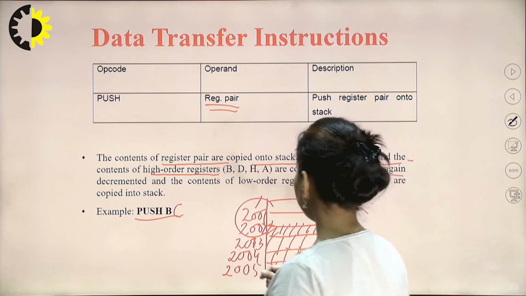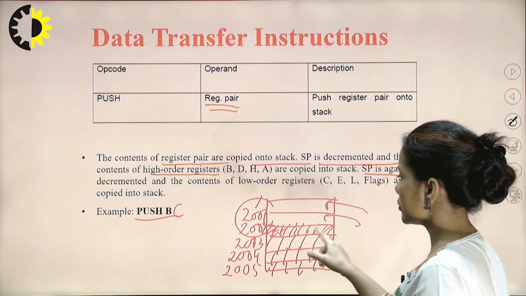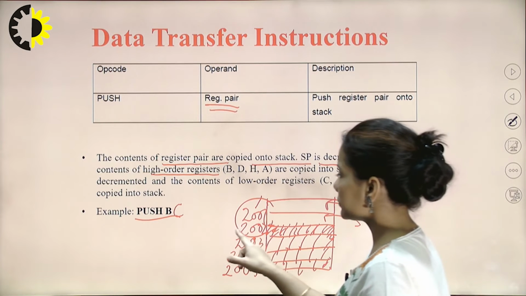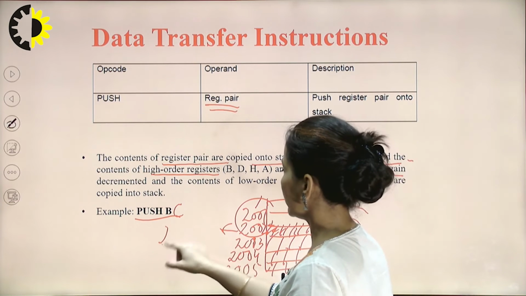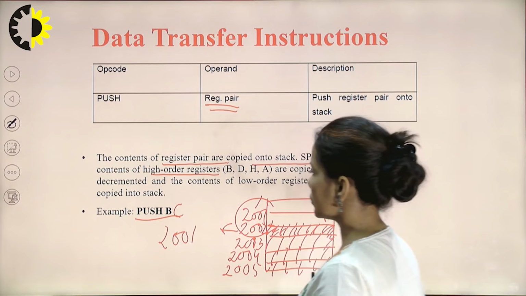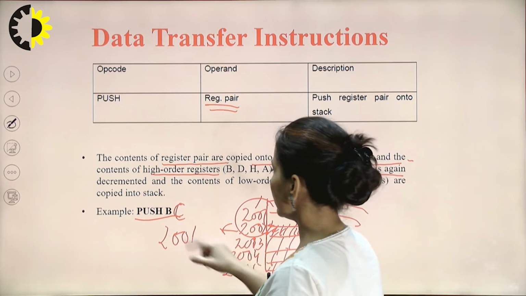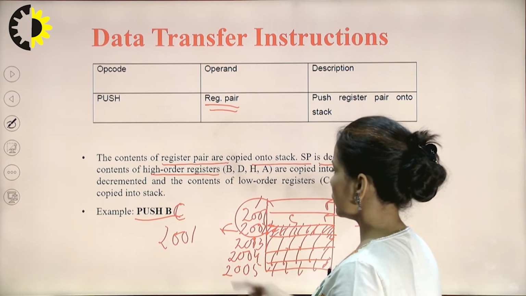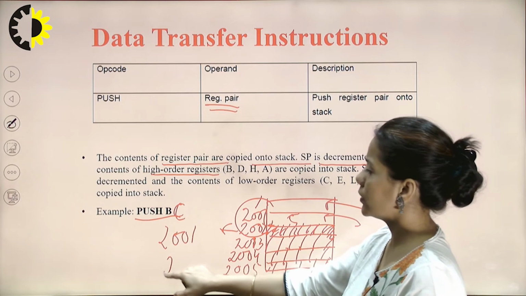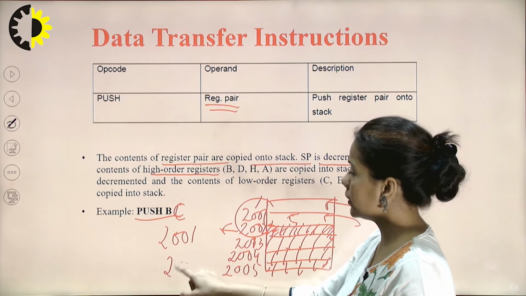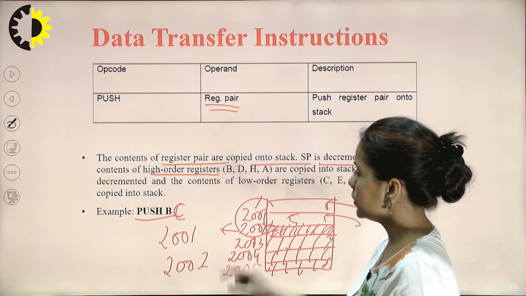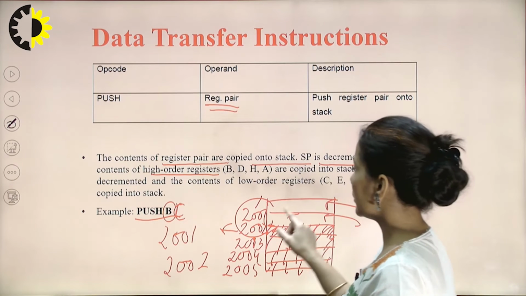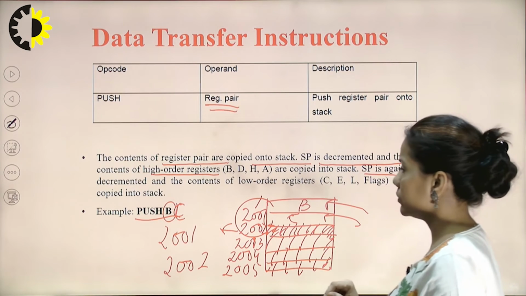So what will happen? Suppose we are at location 2002, then the stack pointer will be decremented by 1, so it will go to 2001. The contents of C will be loaded into 2001, and again the stack pointer will be decremented and go to 2000, and the contents of B will be copied to it.